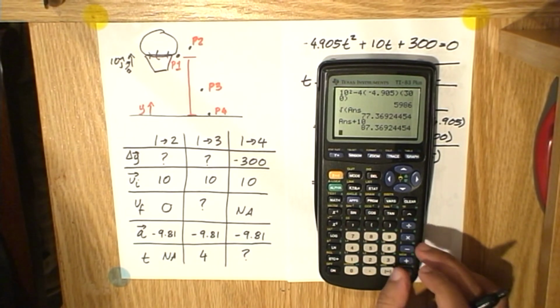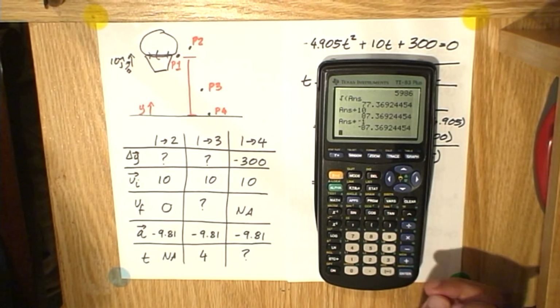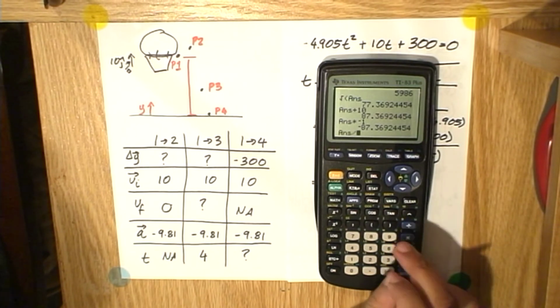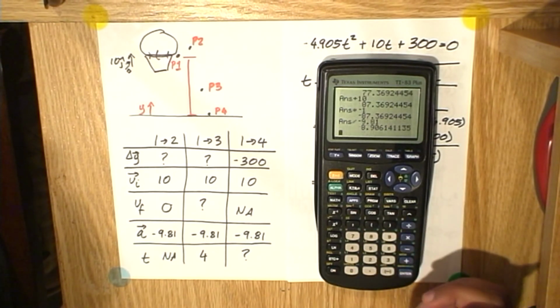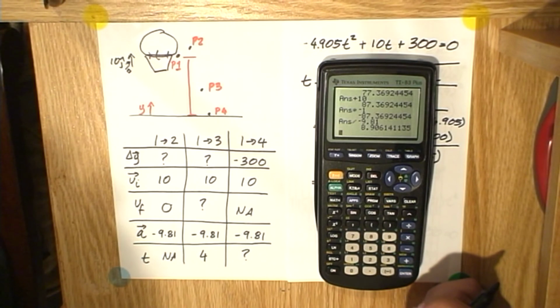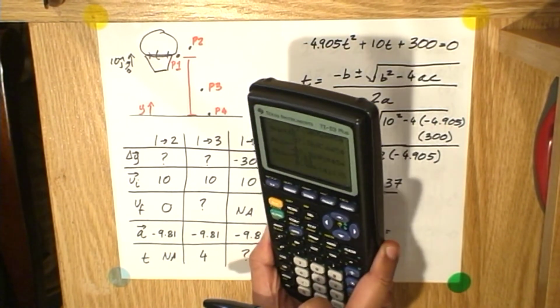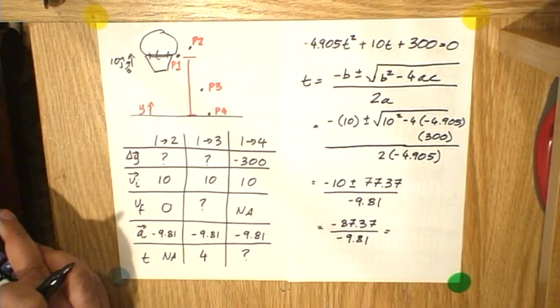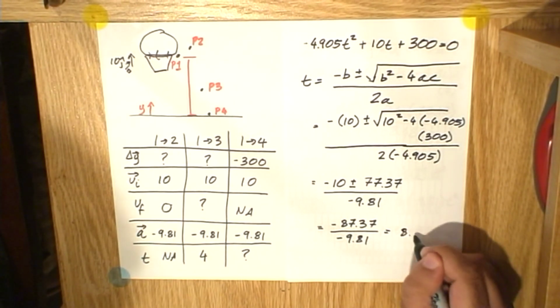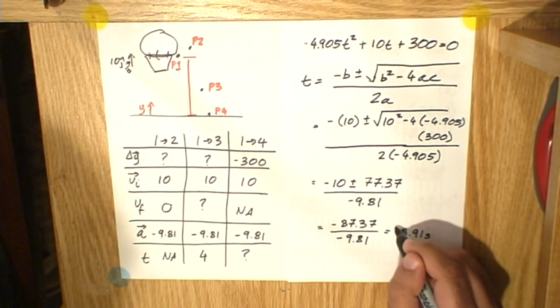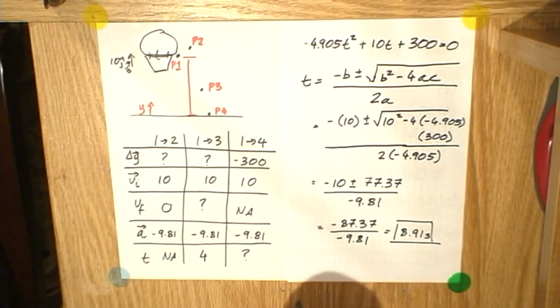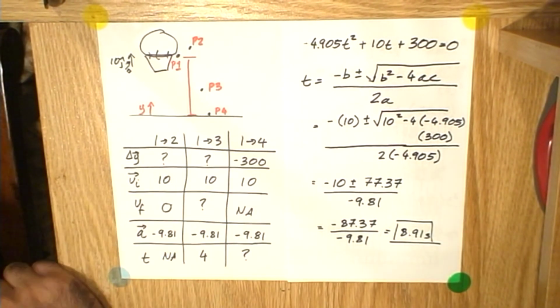Negative 87.37 divided by negative 9.81 gives us 8.91 seconds. That is the time that it takes for the ball to strike the earth.